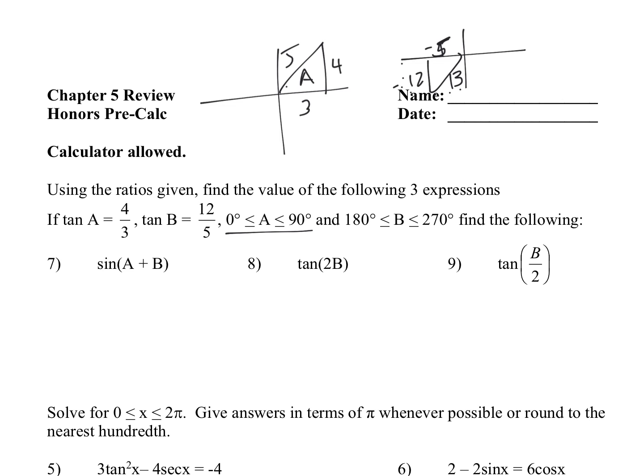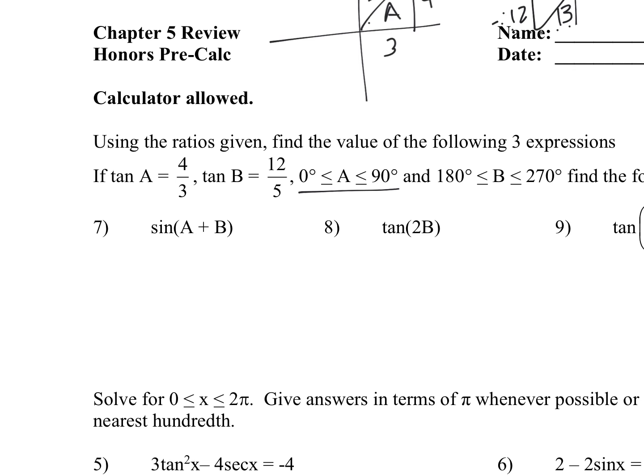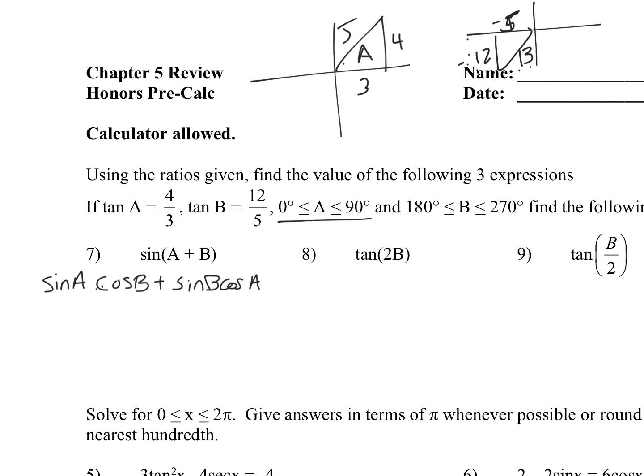So to find sine of A plus B, I'm going to use the sine identity of angle addition. So that's sine of A cosine of B plus sine of B cosine of A. And now that we actually have the triangles above us, we can substitute in the sine of A. So sine is opposite over hypotenuse, so 4 over 5.